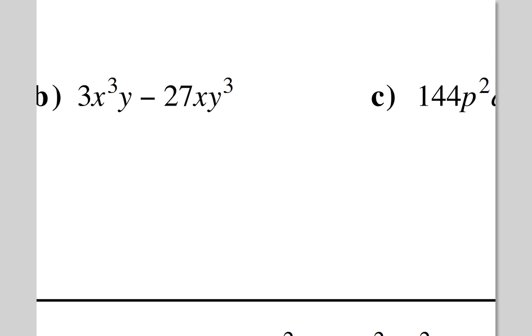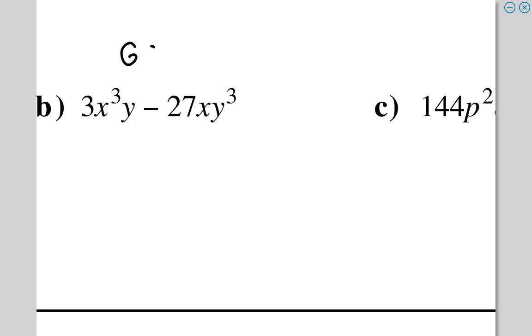Okay, so 3 and 27, they're not squares, right? First thing on the flowchart. Right? First thing on the flowchart. So you go take out a 3 and x and y. You end up with x squared minus 9y squared.